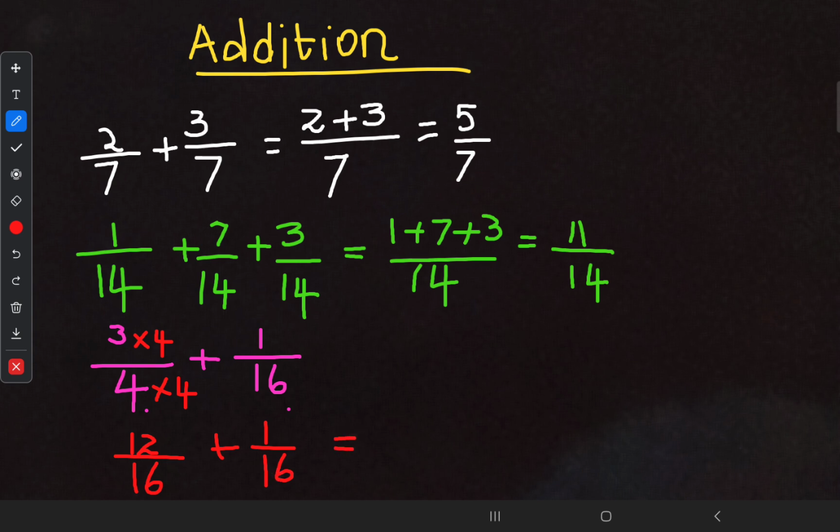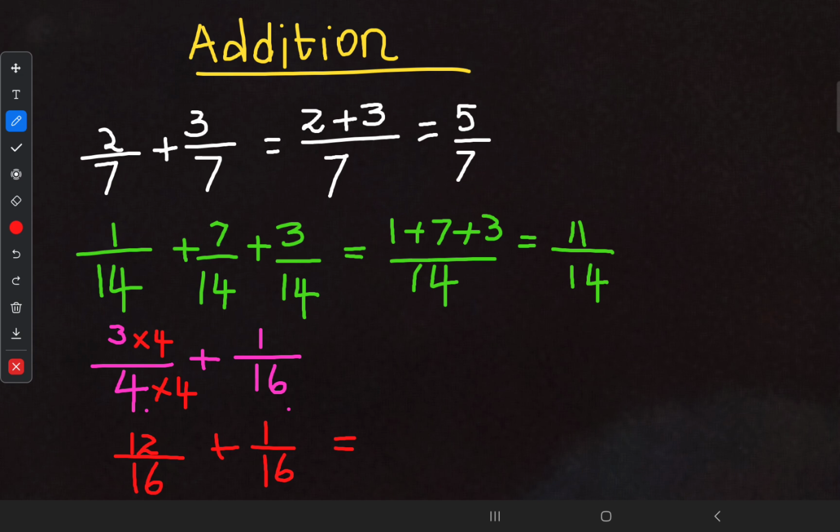Why are we converting the denominator to 16? Otherwise, we can't add the fractions. To add fractions, the major requirement is to equalize the denominators first. Here the denominators were not the same, so we converted this denominator to 16 by multiplying by 4 to get the equivalent fraction.